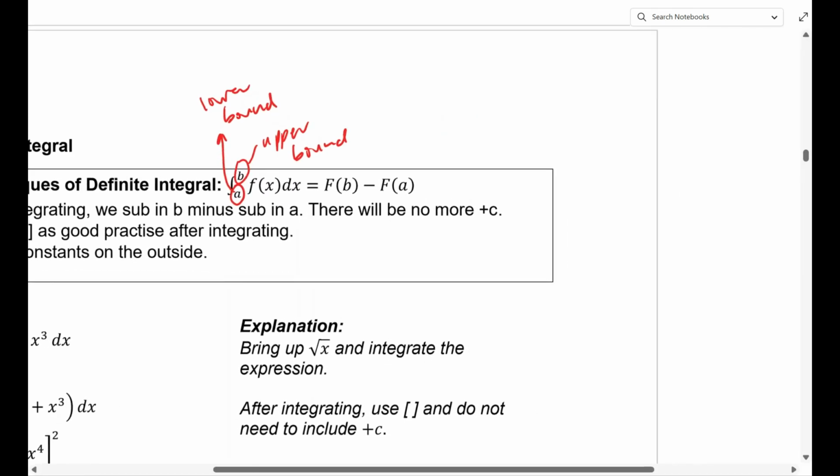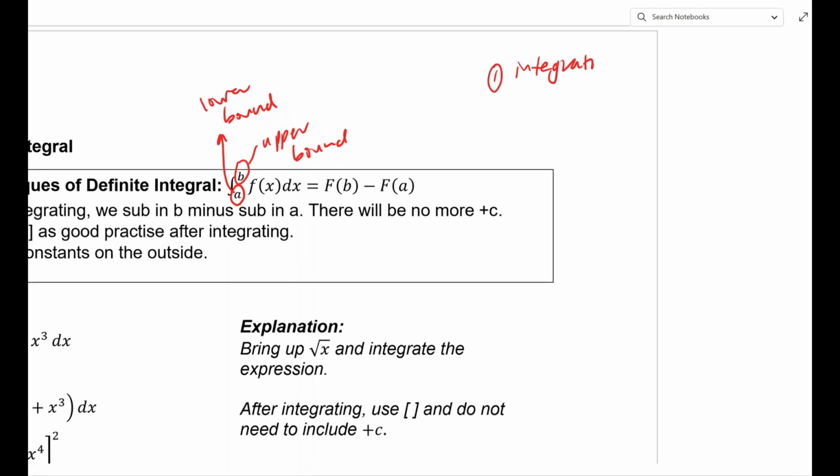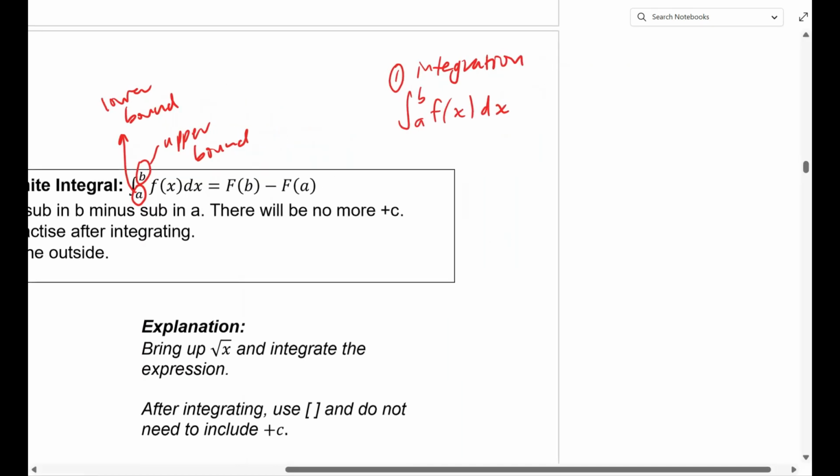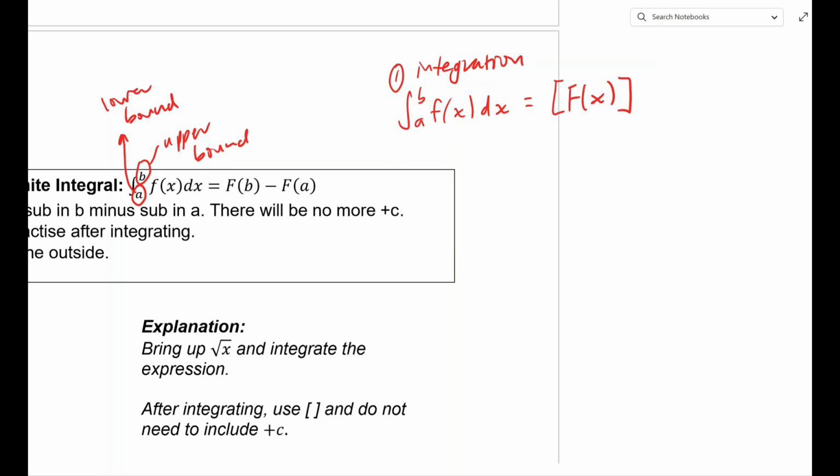Now, to solve definite integral questions, we'll start off with our usual integration. So let's say we integrate f(x) with our upper bound of b and lower bound of a. We'll get our integrated expression. We'll leave it within the square brackets and put our upper bound and lower bound outside the square brackets.